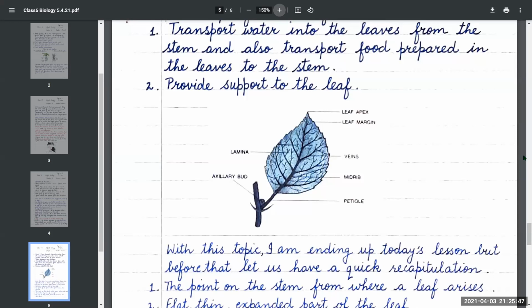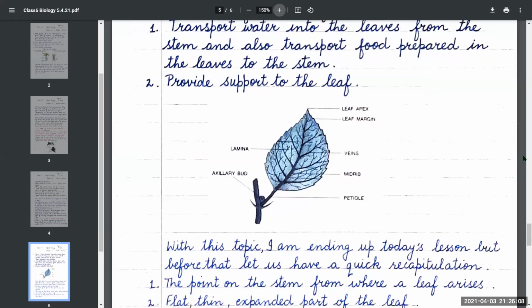Number one, transport water into the leaves from the stem and also transport food prepared in the leaves to the stem. It also provides support to the leaf.